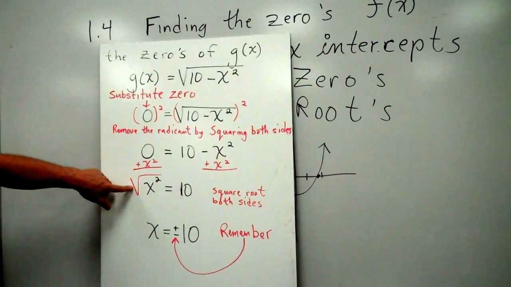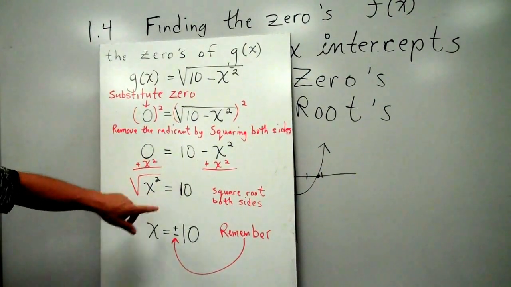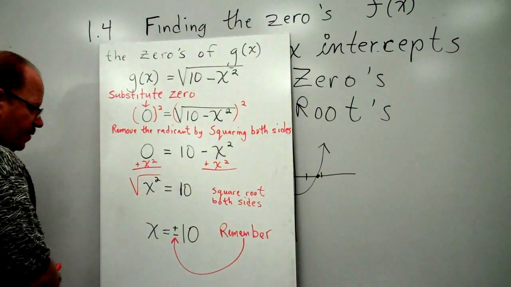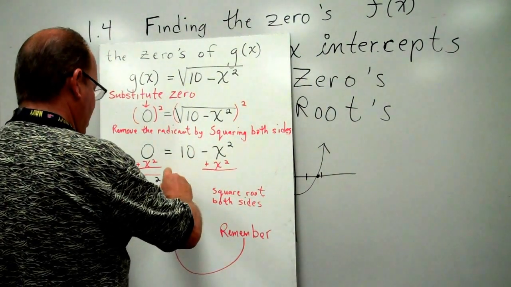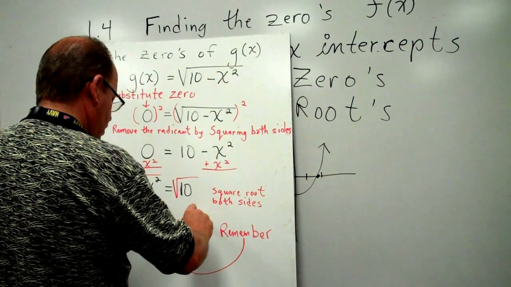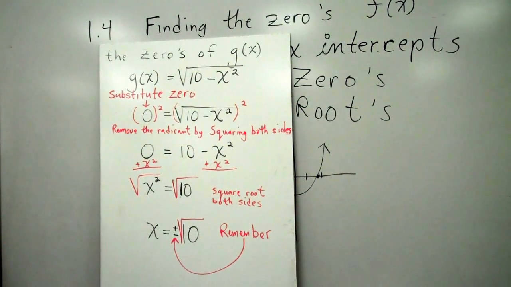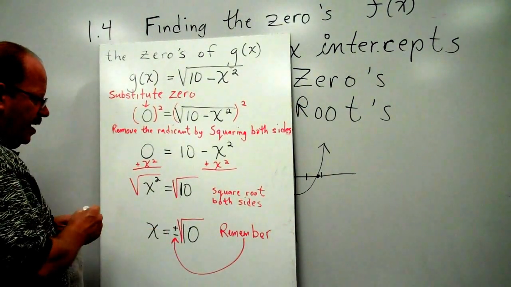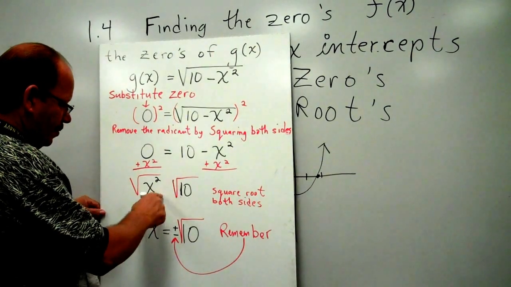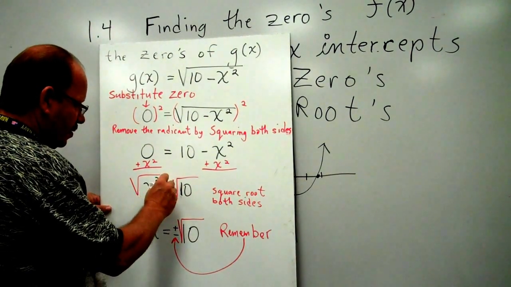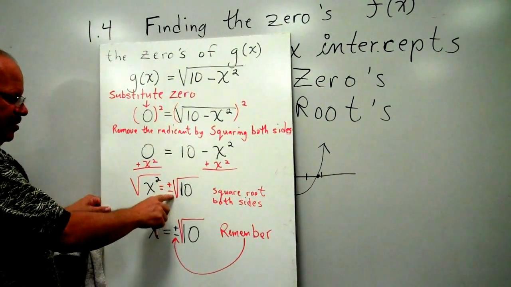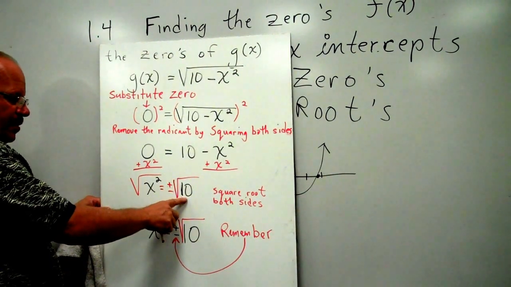The last step is to square root both sides. The square root of x squared equals the square root of 10. And we have to remember, very important, that this can be the positive or the negative.